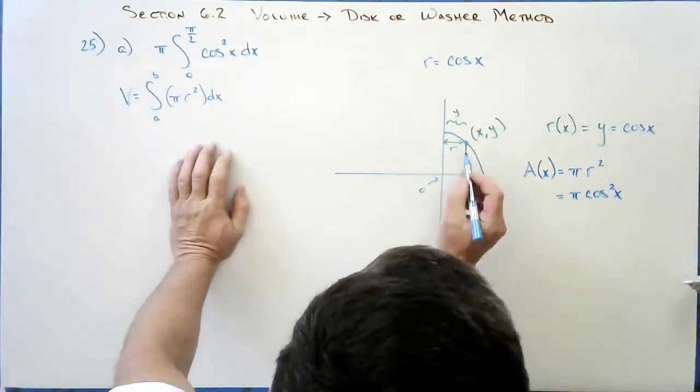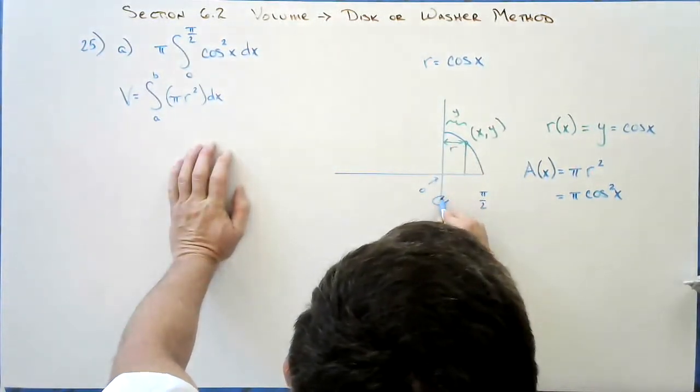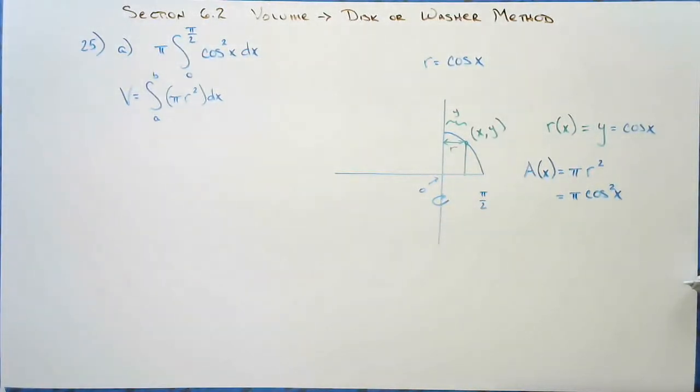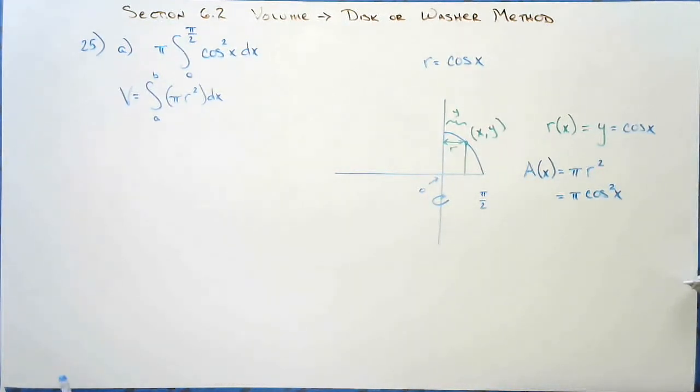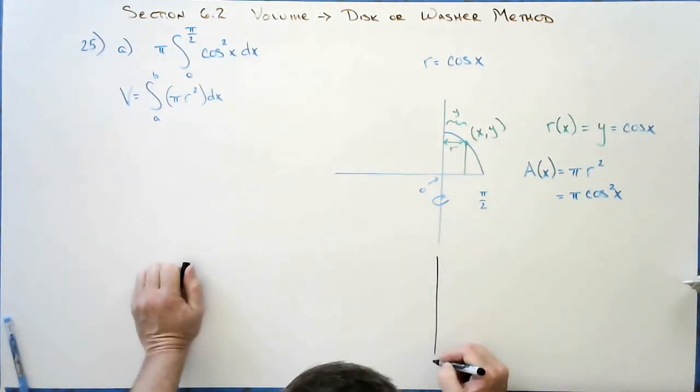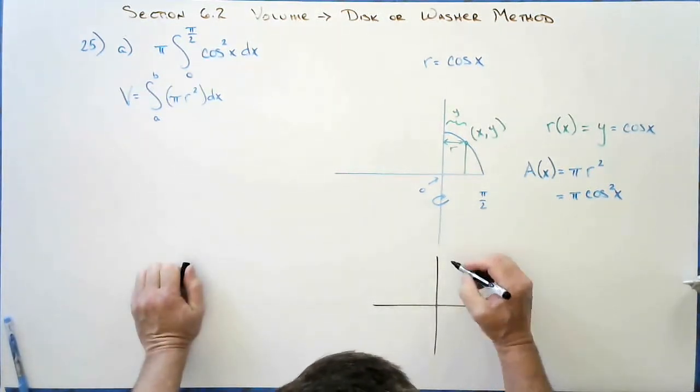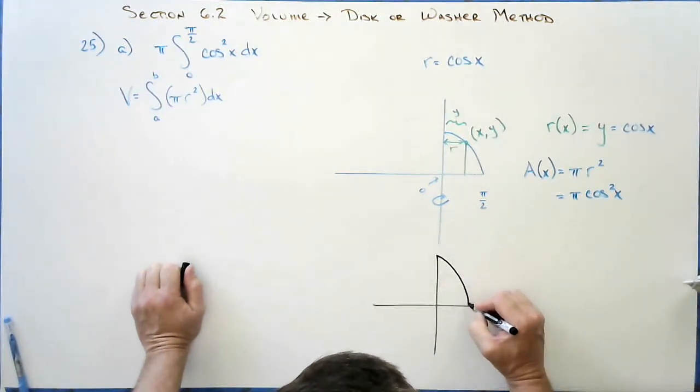So we're rotating this portion of cosine about the y-axis, right? That's the portion of the cosine curve between 0 and pi over 2 rotated around the y-axis. So if they asked us to draw this solid, our solid would come down here.